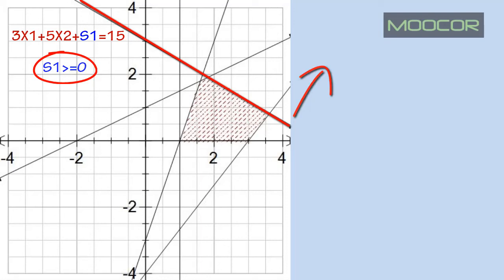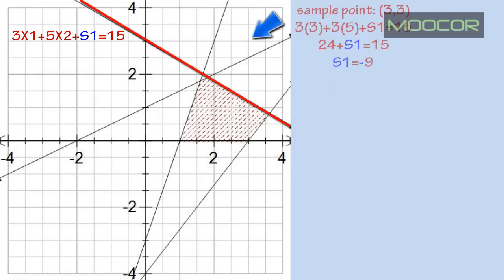Let's plug in one point in there. You see, to balance this out, slack has to become negative, and that is the sign of infeasibility that we will have in here. What if I move towards the feasible region?